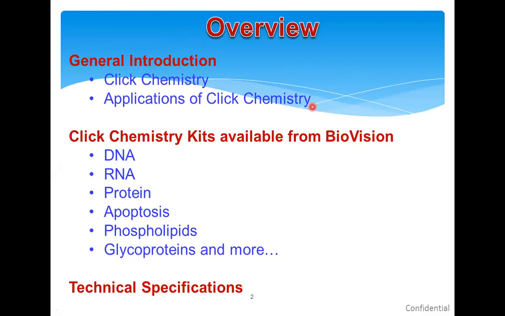And the different click chemistry kits available from BioVision: you can study either DNA synthesis or proliferation, RNA synthesis, global protein synthesis, apoptosis, and phospholipid synthesis, as well as glycoproteins or other modifications of proteins like fucosylation, myristoylation or palmitoylation. Finally, I will go through the technical specifications for individual kits to give you an idea of how we are going to sell these kits to the customer.